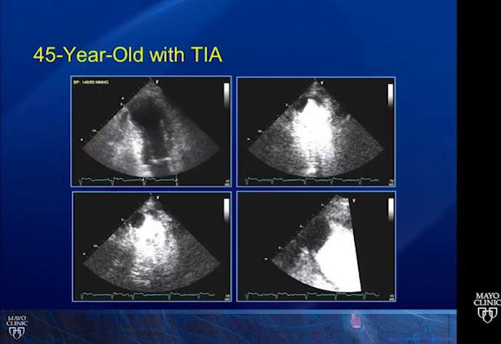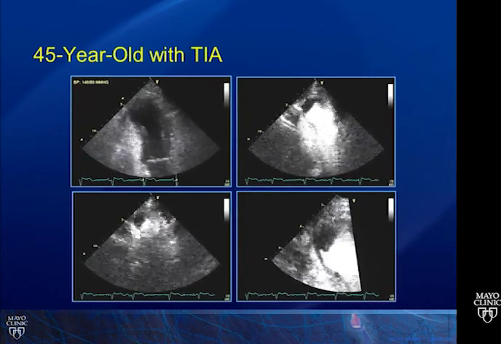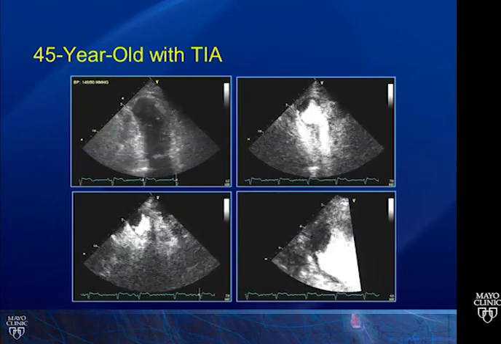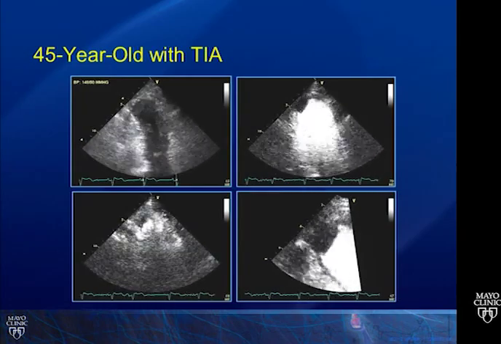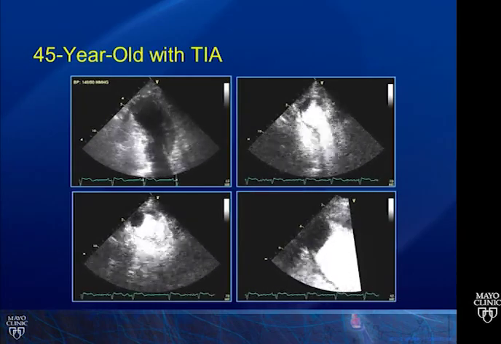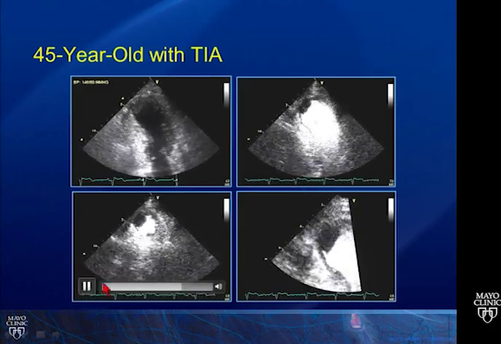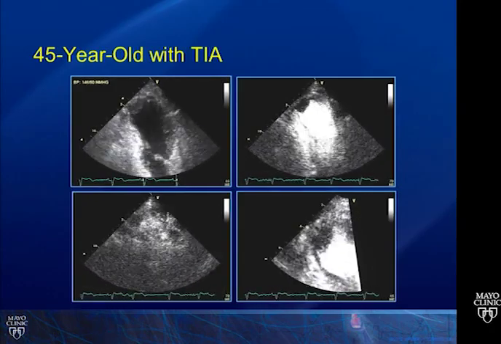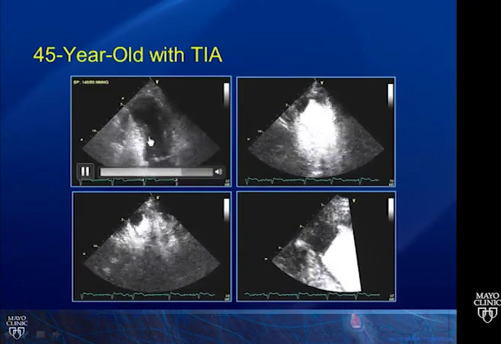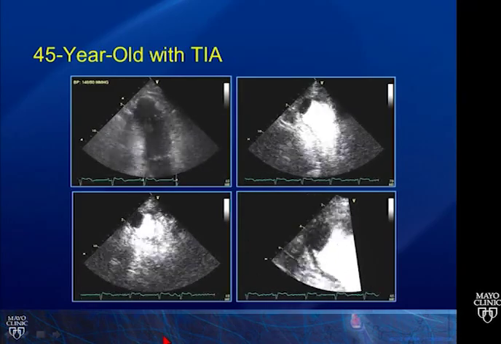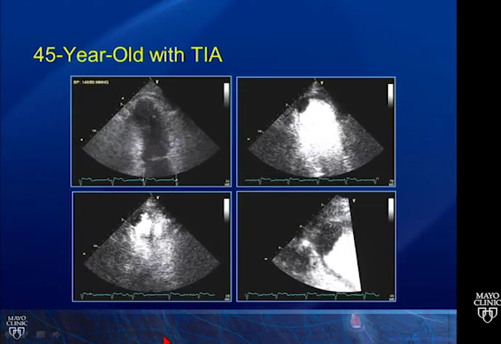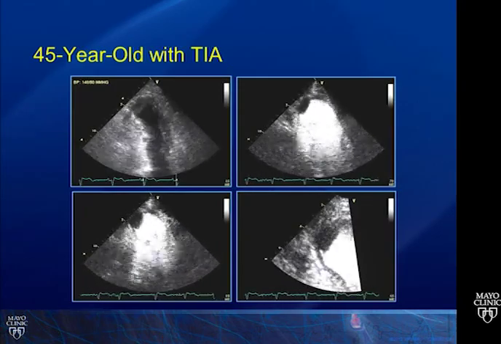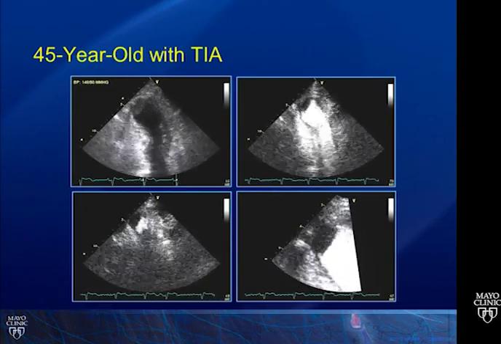Case 13 now is a 45-year-old with a TIA. And now we're introducing contrast. So I think most people are using contrast in their labs nowadays, but this is a tool for endocardial border definition, and it really lights up the endocardium, that layer of endocardium. It's great for stress echo if you're having some difficult issues, but this was a resting echo in a patient that had had a transient ischemic attack.